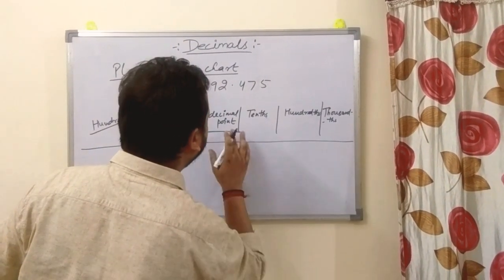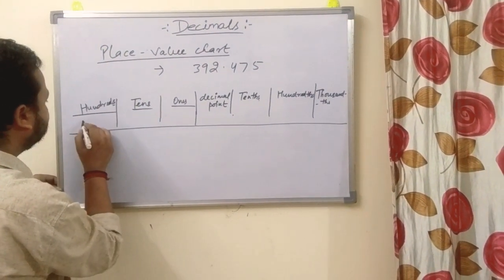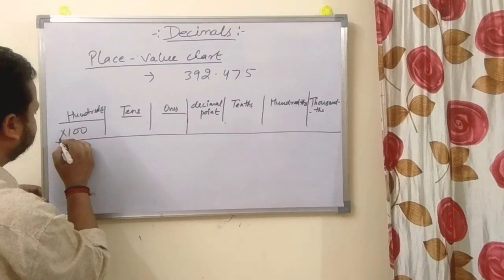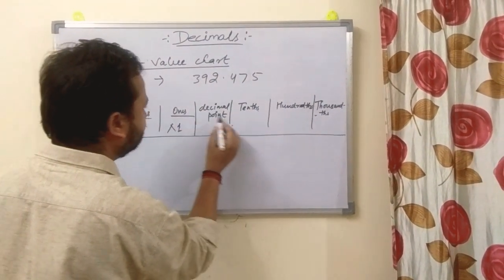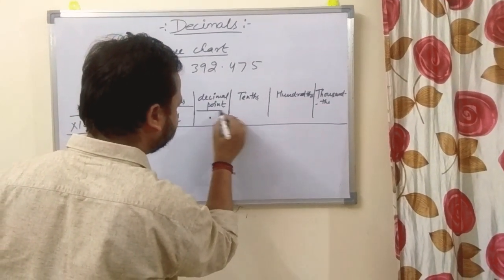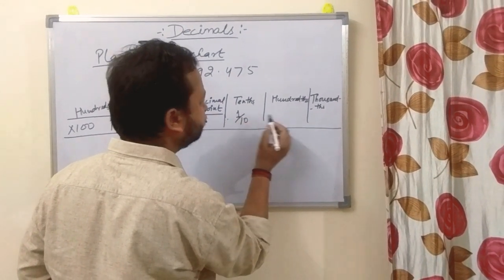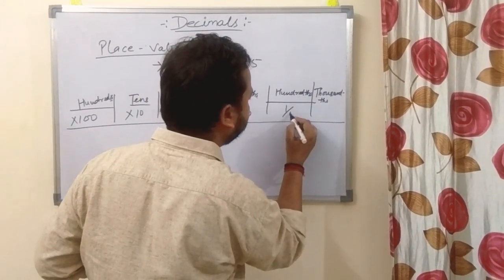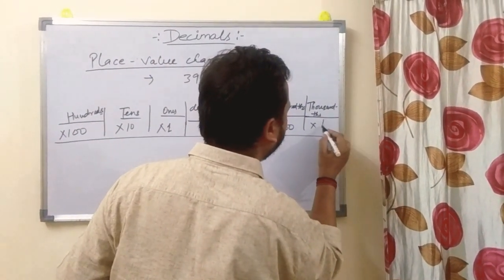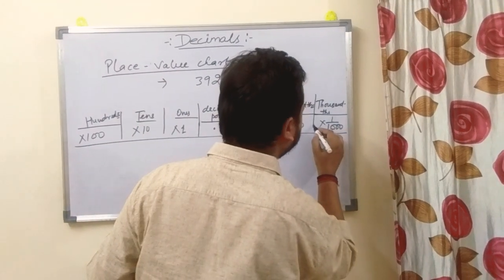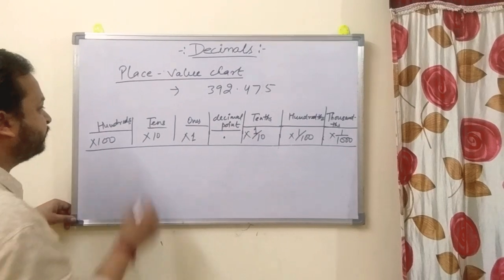So you can write it as hundreds means 100, tens means 10, ones means 1, decimal point, tenths means 1 divided by 10, hundredths means 1 divided by 100, and thousandths means 1 divided by 1000, right?